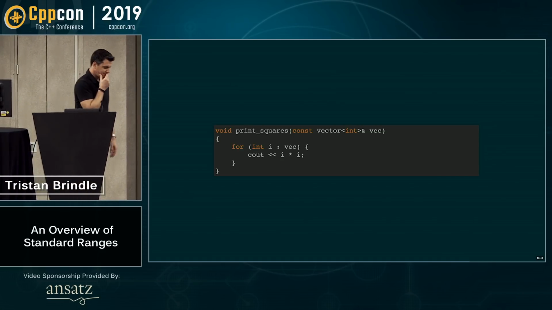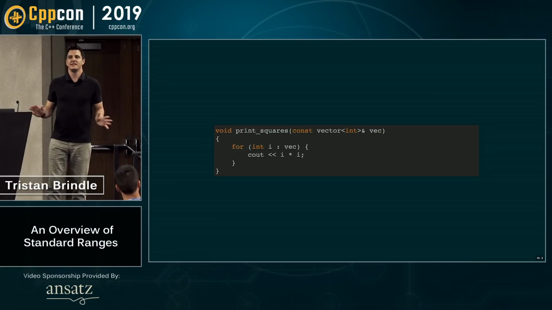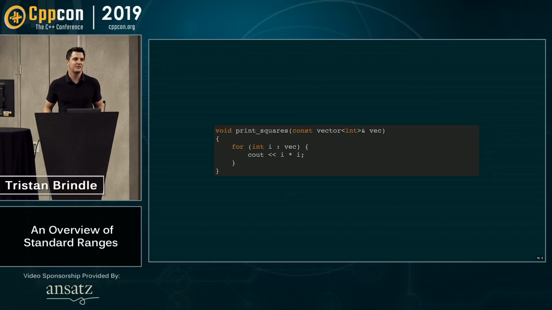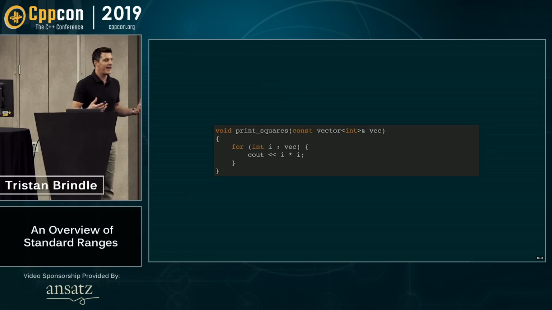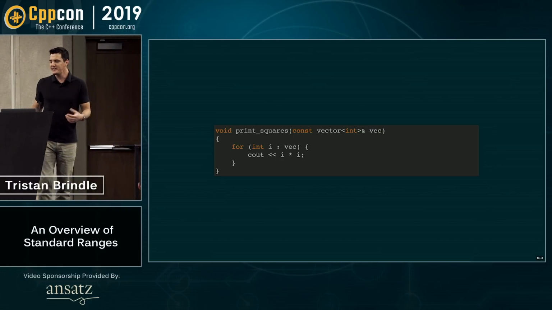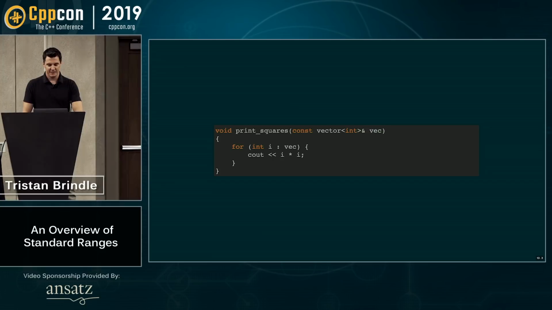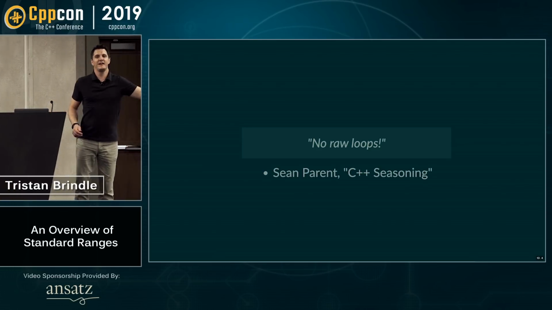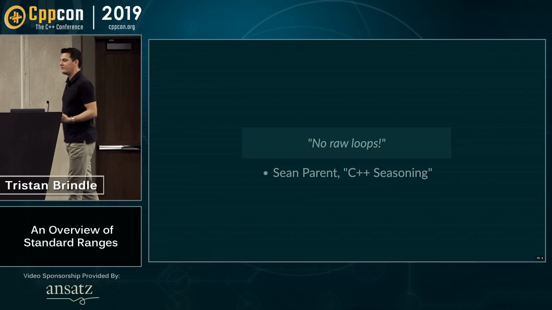But we are very diligent C++ programmers. We watch a lot of conference talks. We attend a lot of conferences. We listen to the experts. We listen to the masters. In particular, we listen to Sean Parent. And Sean Parent says, no raw loops, right? Prefer the standard library algorithms whenever it's appropriate.